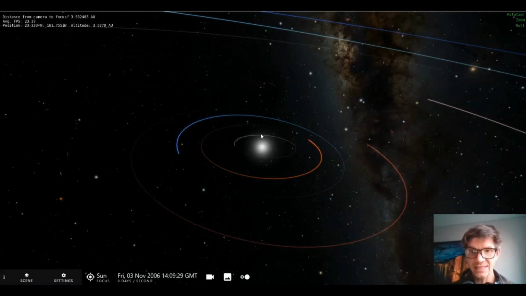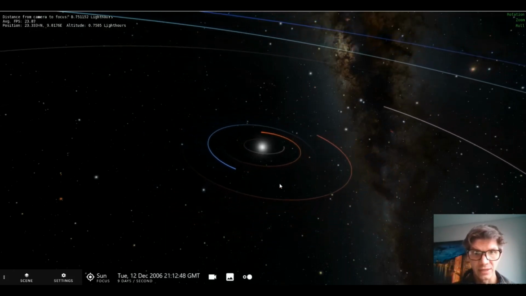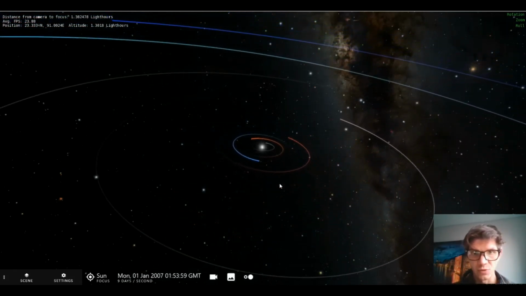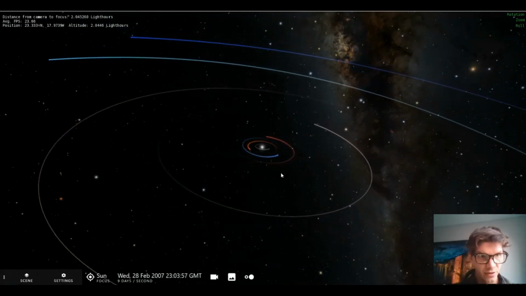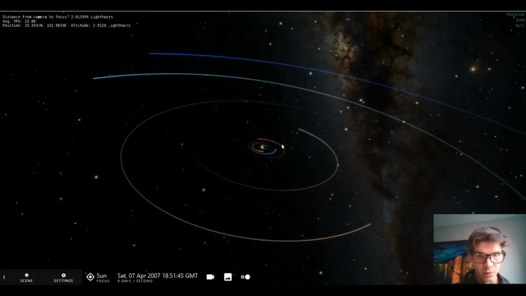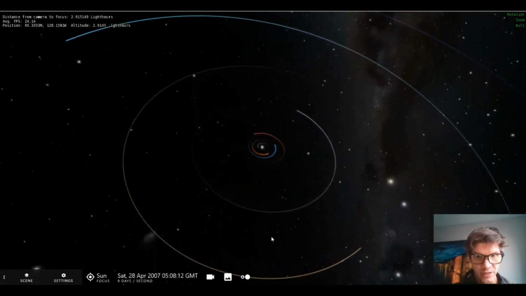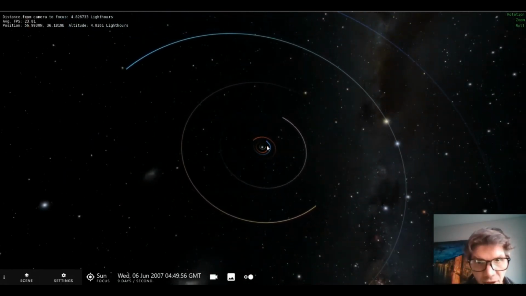And the task asked us to find a plan to land on Neptune, or at least join Neptune's orbit. So we're moving out to the Jovian planets. We see Jupiter, we see Saturn, we see Uranus, and then Neptune all the way out there in the blue. So we just kind of change our orientation a little bit. There's Earth's orbit.